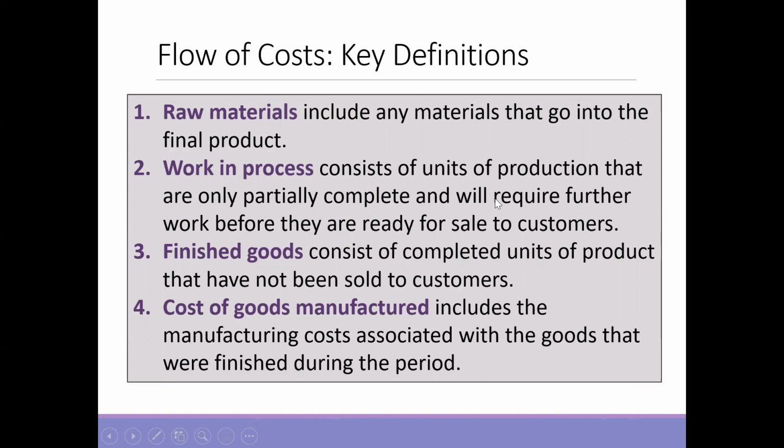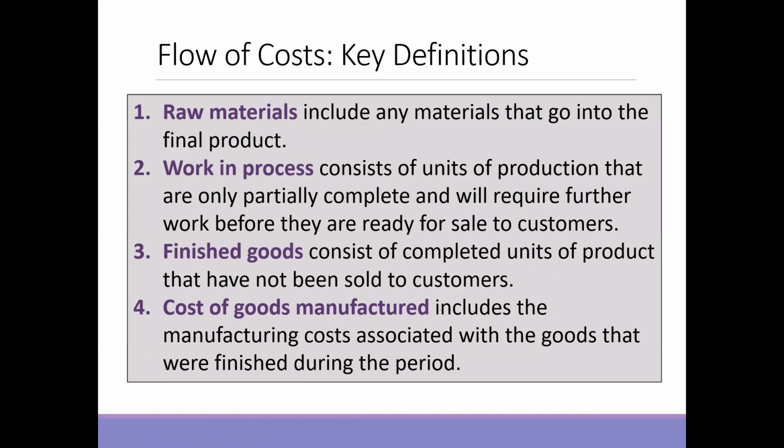Work in process are the units of production that are only partially complete, but there needs to be more work before they go into finished goods. Finished goods are goods that are ready to be sold but haven't been sold yet.